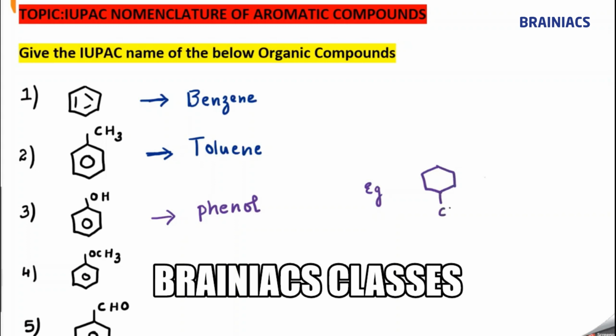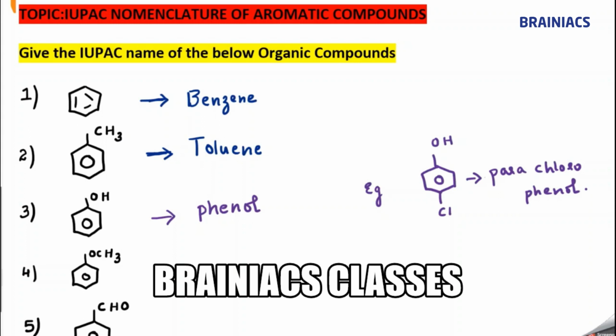Here some chlorine is present and here OH is present. Now tell me, what is the name of this compound? I can say parachlorophenol, because it is present at the para position. P represents para, chlorophenol. Understand?